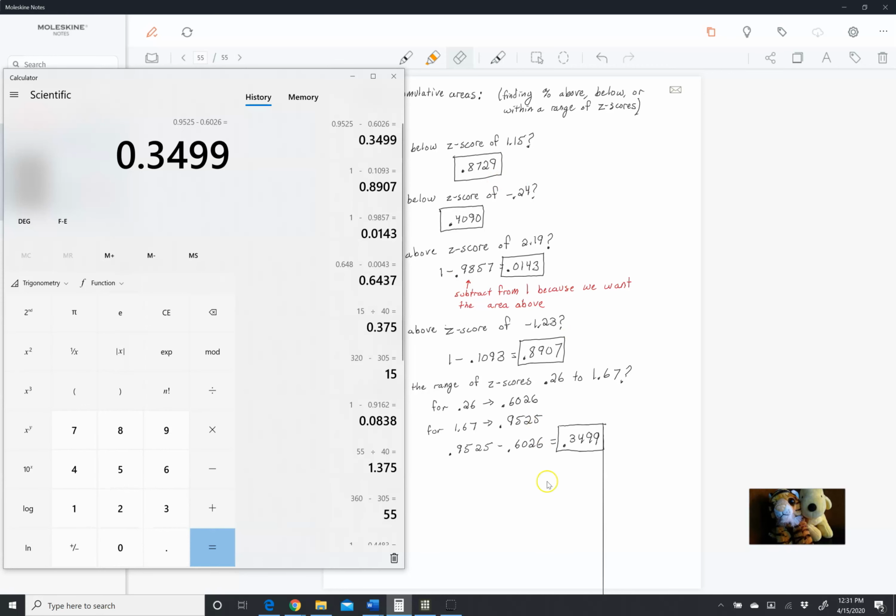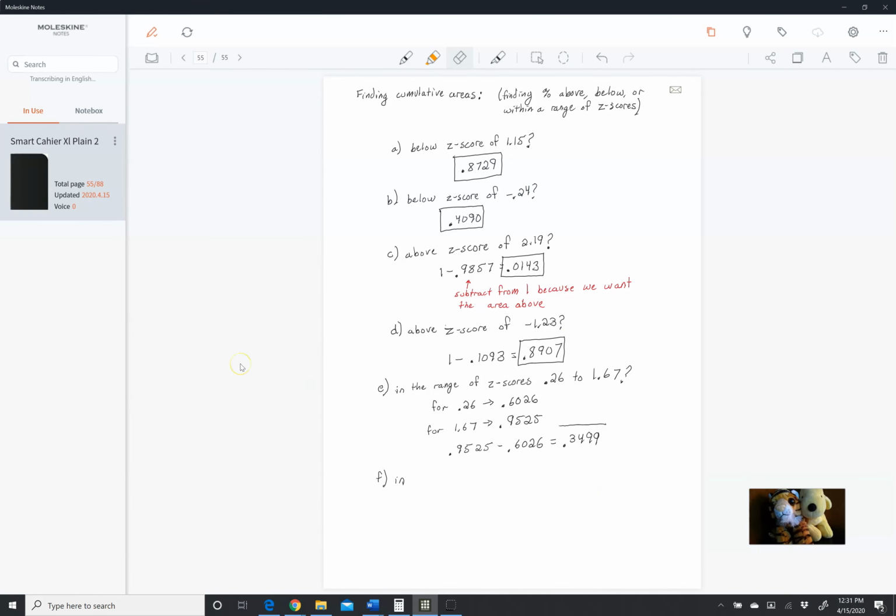Let's do it in the range of z-scores negative 0.68 to 1.31. So again, we're going to find in the table the area before negative 0.68 and the area before 1.31.